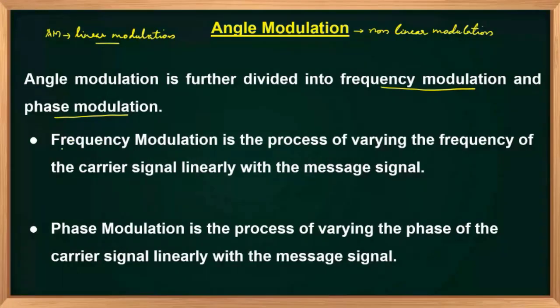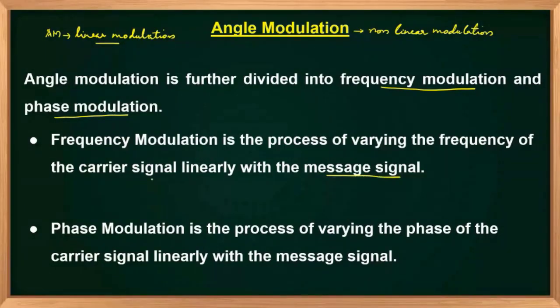So what is frequency modulation? In frequency modulation, the frequency of the carrier is varied in proportion with the instantaneous amplitude of the message signal. So the carrier frequency is varied in proportion with the message signal in an FM system.